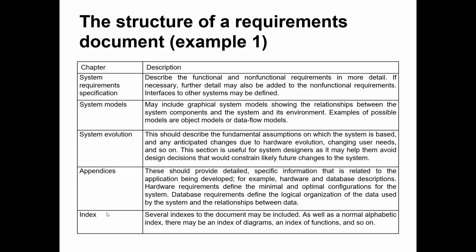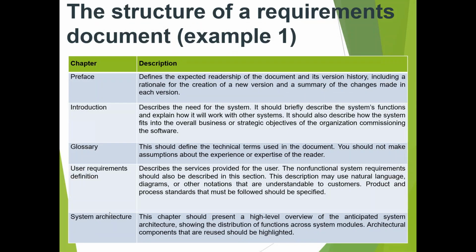All right. Now let's run through this. The preface, or preface as some people say it, defines the expected readership of the document, its version history, including a rationale for the creation of a new version, and a summary of changes if there was a previous version.